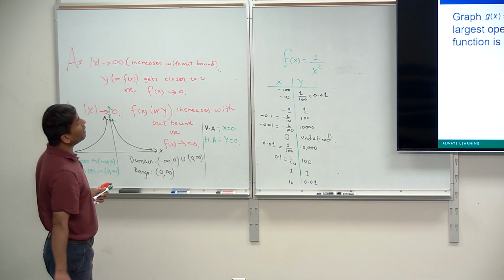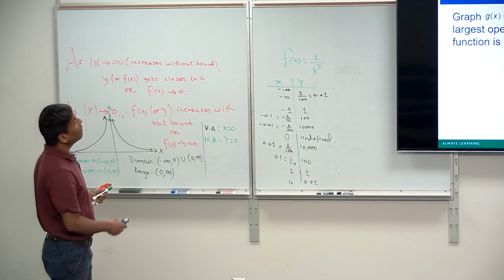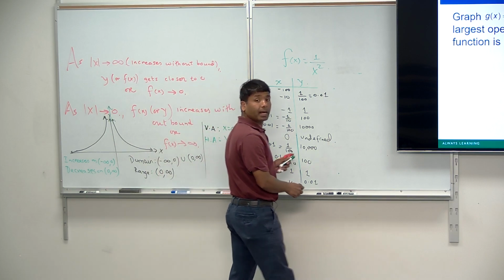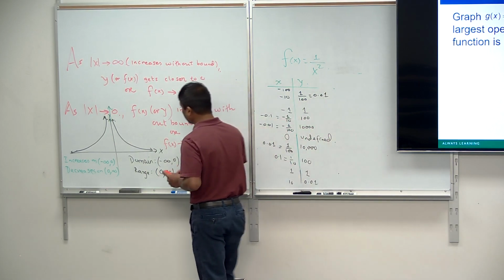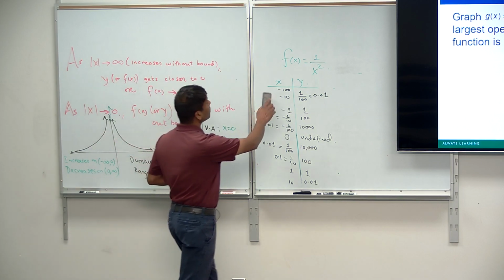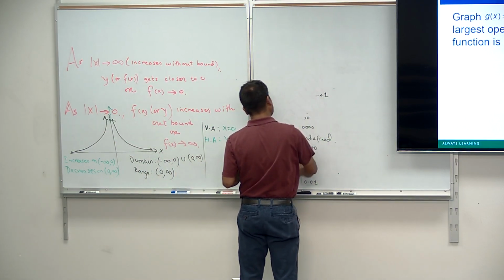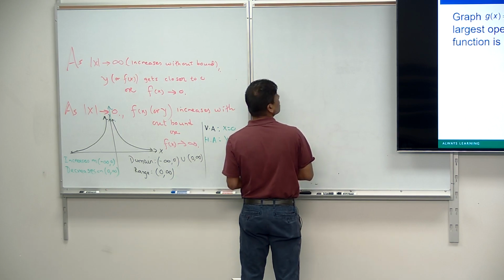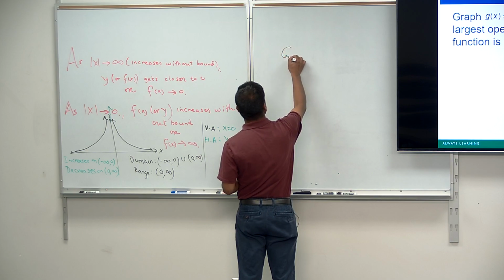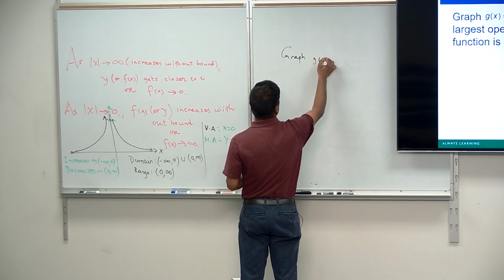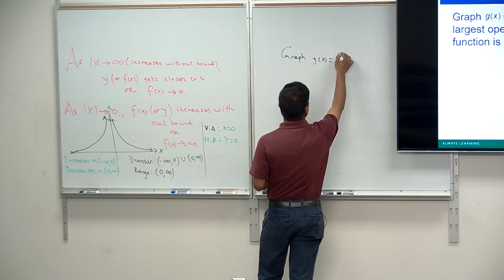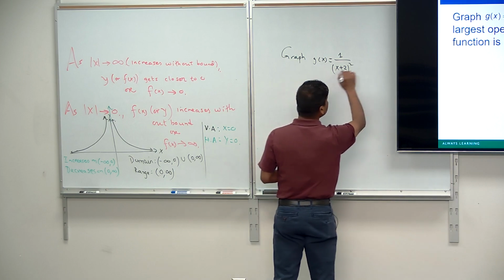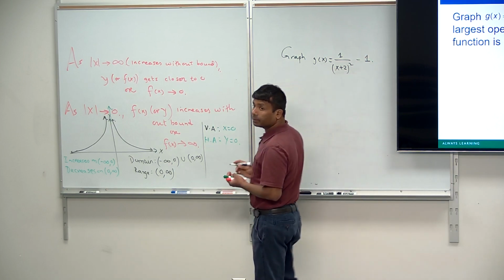Now it's pretty much the same thing. Graph g(x) equal to 1 over (x plus 2) squared minus 1.